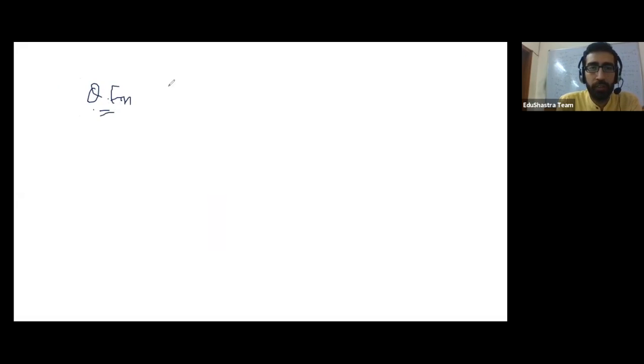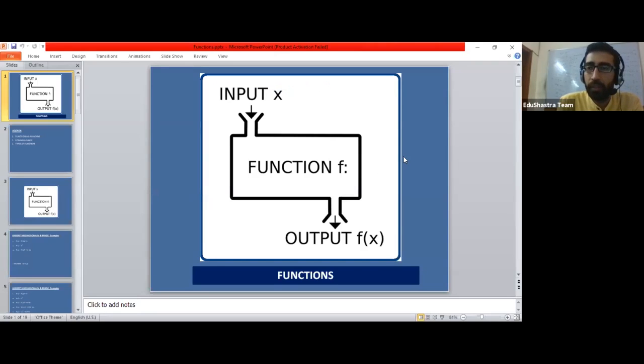And quadratic function is something like this: y equal to f(x) equal to ax square plus bx plus c. We're going to see a lot more functions today, but even before we talk about the different kinds of functions, what we need to talk about is what functions really are. What is the basic concept of functions?